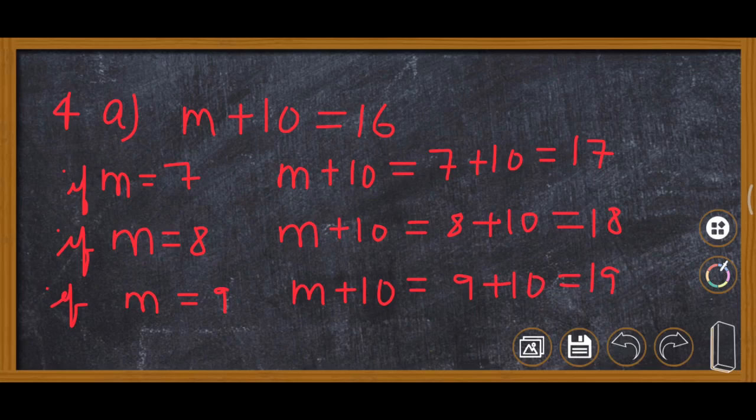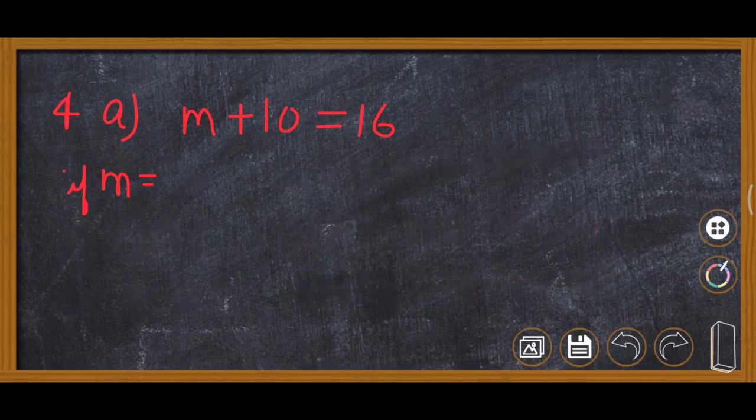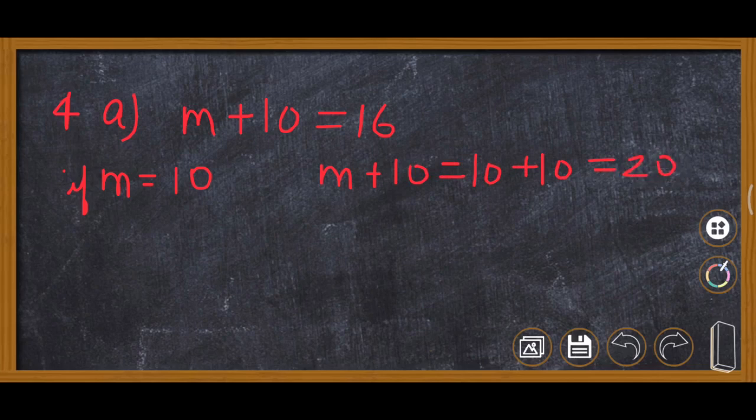If m equals 10, then m plus 10 is 10 plus 10, which is 20.